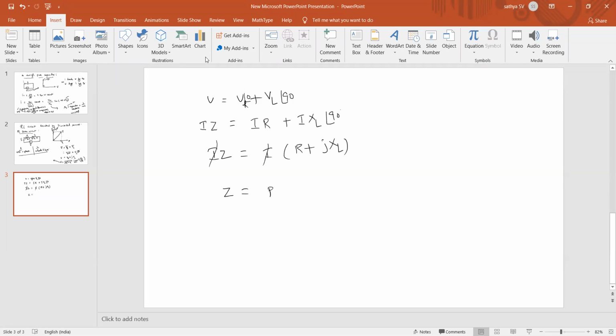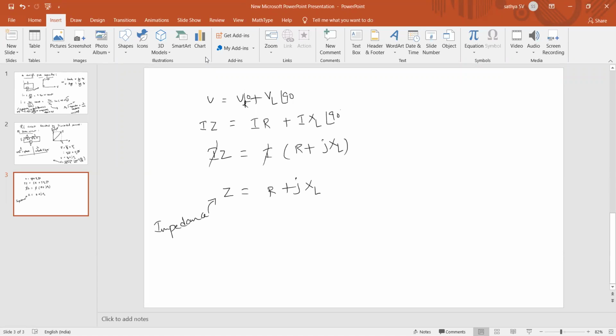What is the value of Z now? R plus j XL. Understand now the value of Z, that is impedance. The total impedance of the circuit for an RL series circuit is Z equal to R plus j into XL.